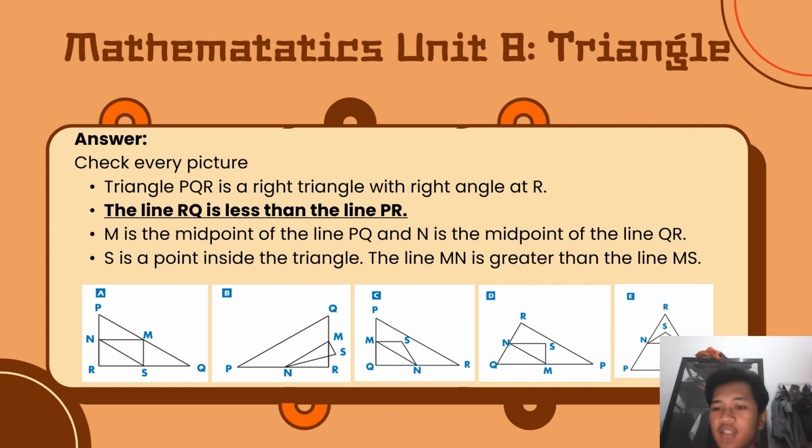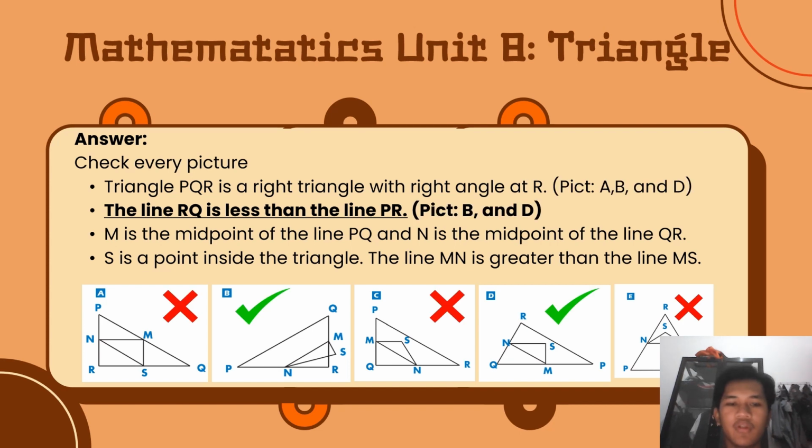And then picture E. Picture E is wrong because lines RQ and PR are equal, since it is an equilateral triangle. So these are the answers for the second description.